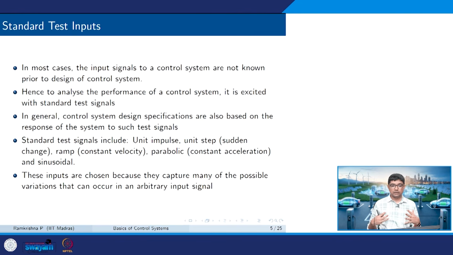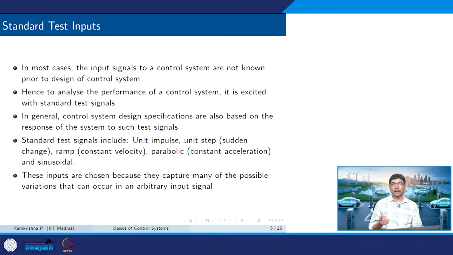So, I know two things now. When the system is just subject to an initial condition, with no external influence, the system goes to the 0 state. If I switch on or give a voltage source, the system goes to some steady state value. Now, in most cases, I do not know what the inputs are prior to designing a control system.